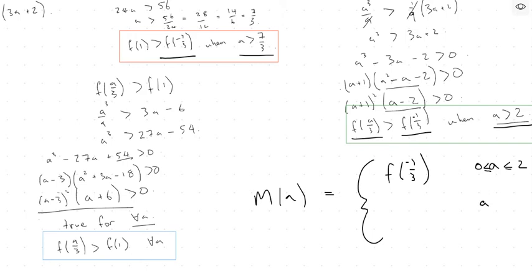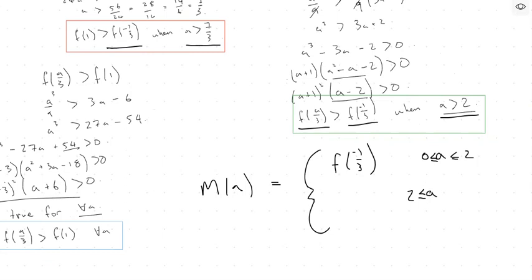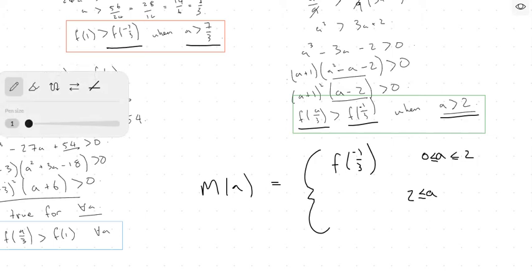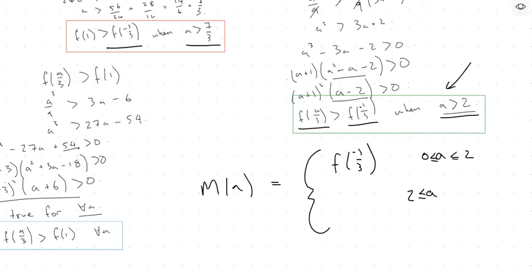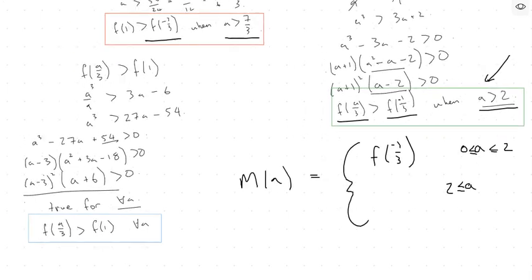Okay, what about when a is bigger than 2? Well, here is where I get my disagreement with the mark scheme, because when a is bigger than 2, this one is true, right? f of a over 3 is bigger than f of minus a third, so it cannot be f of minus a third.